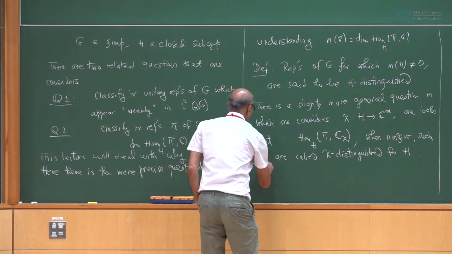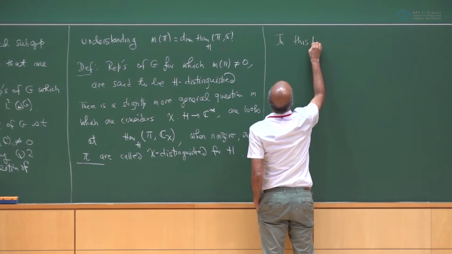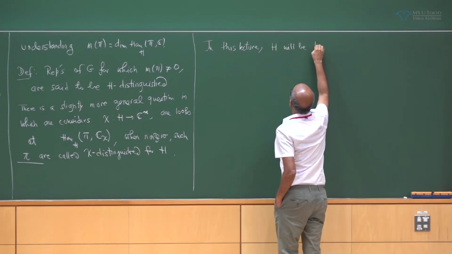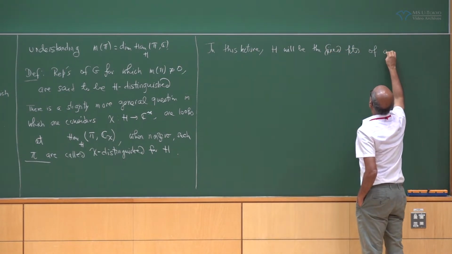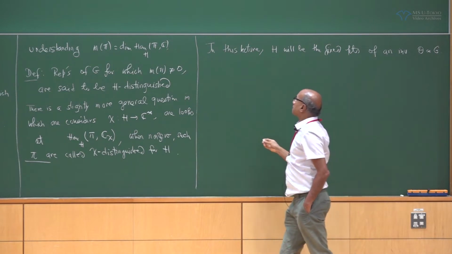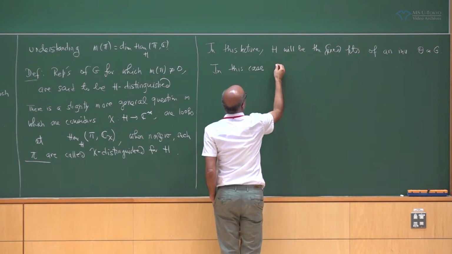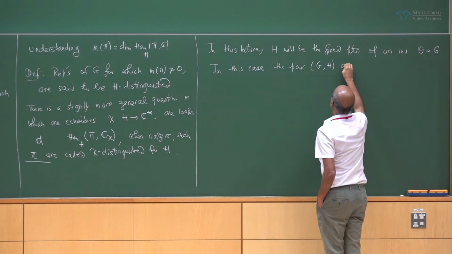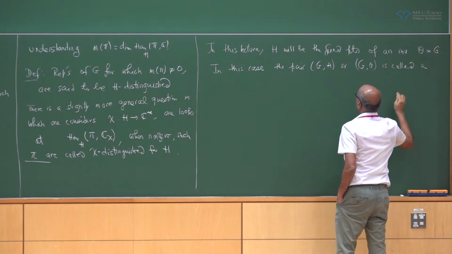In this lecture, H will be the fixed points of an involution theta on G. In this case, the pair G comma H, or G comma theta, is called a symmetric space.